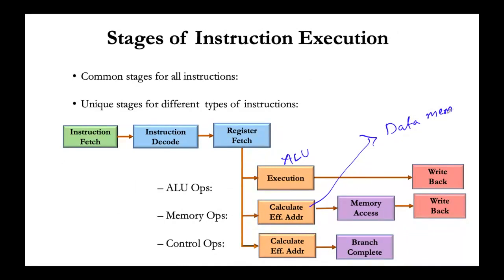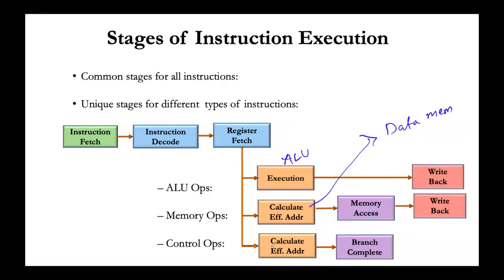The data memory unit is used for holding the effective address of your operands, and from there it accesses the memory, the execution is done by the ALU, and the write back stage happens.